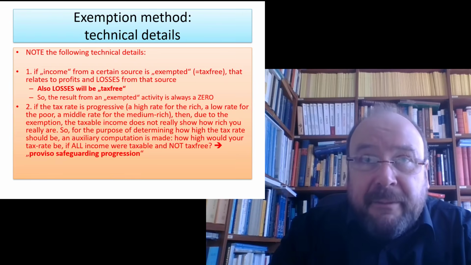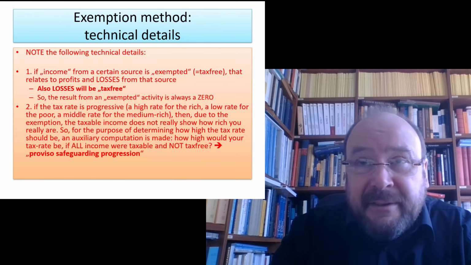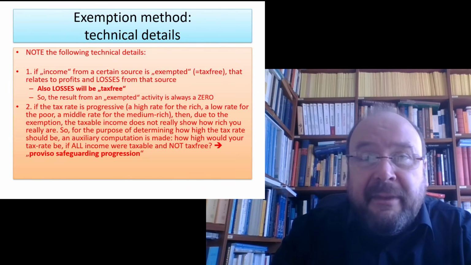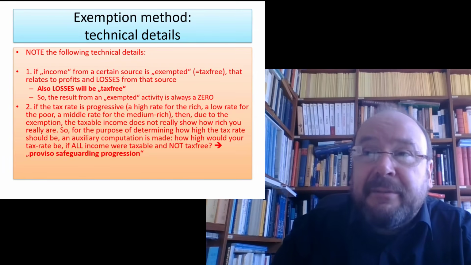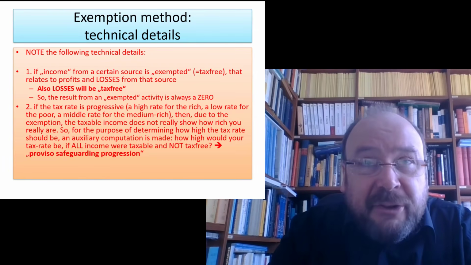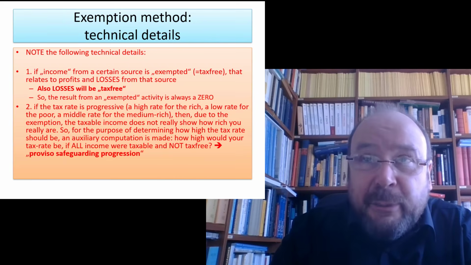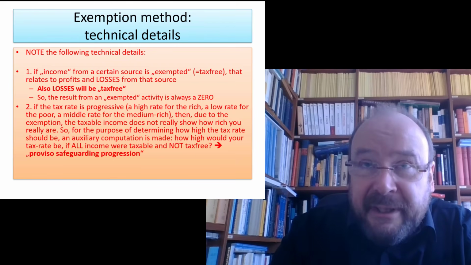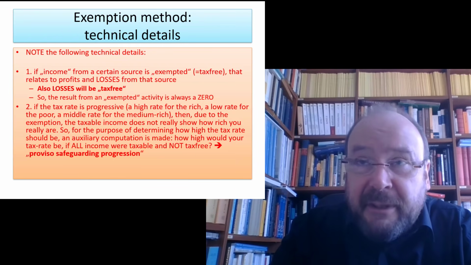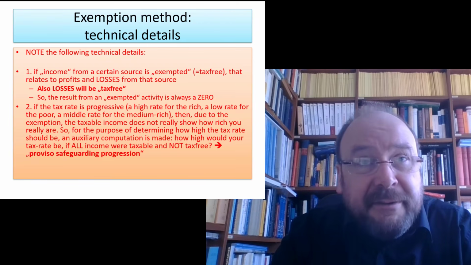And therefore, you must in that case make an auxiliary calculation. The idea must be, okay, this guy has to pay taxes on 10,000, but the rate should reflect that person's wealth. And so the question must be, how rich is that person really? And you would find out, okay, the worldwide income is 500,000.